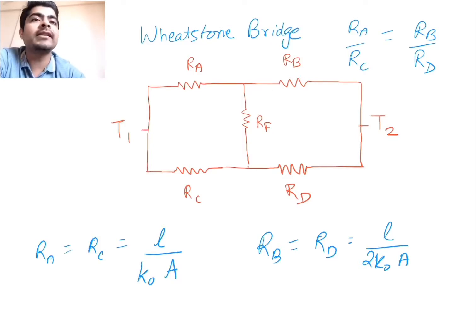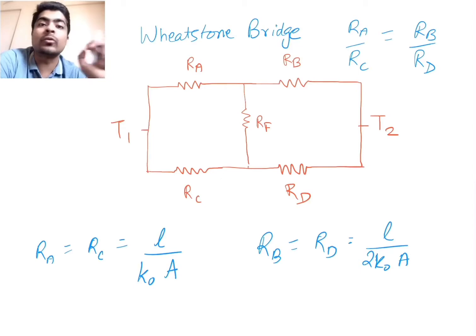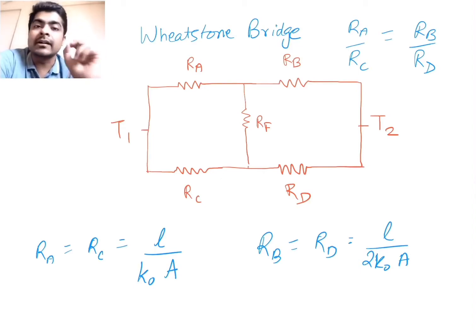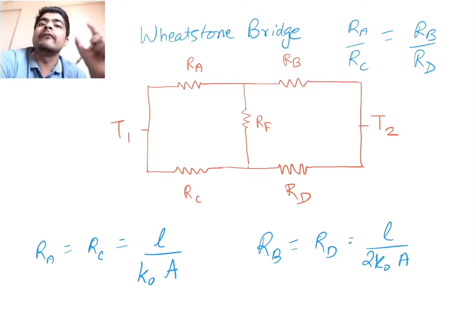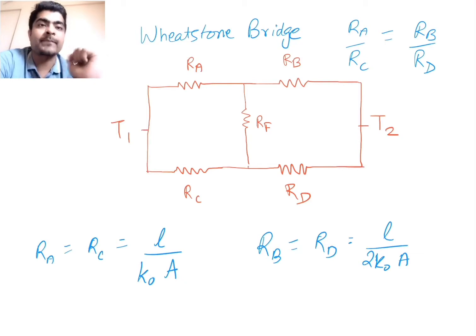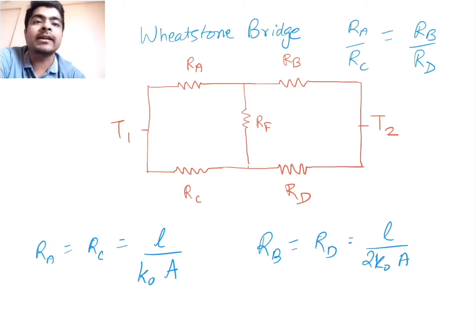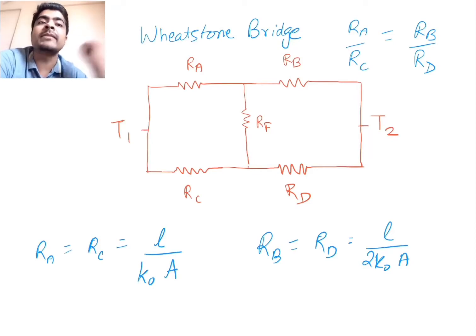And whenever this condition is satisfied, that is Ra divided by Rc equal to Rb divided by Rd, no current will flow through Rf. There is no current flowing through Rf, that means no thermal current. That means the entire rod Rf will have uniform temperature. No heat is flowing through Rf, so its temperature will be uniform.